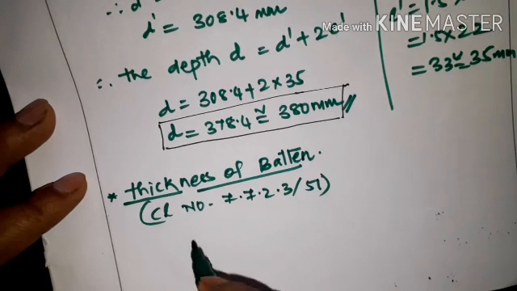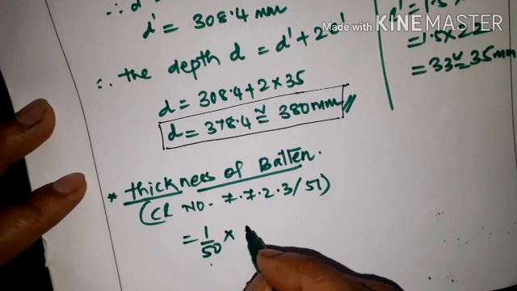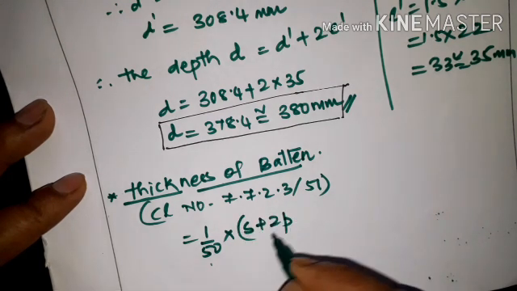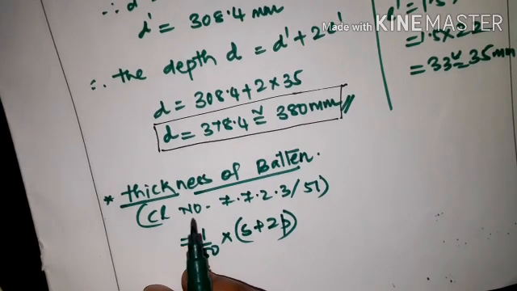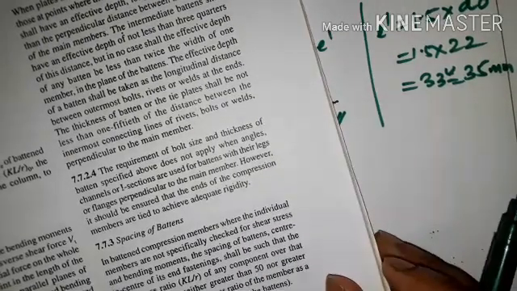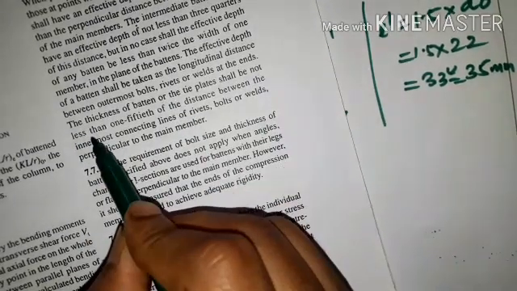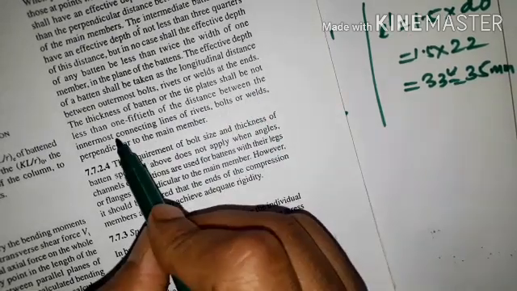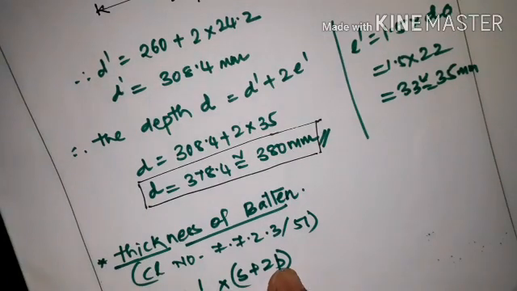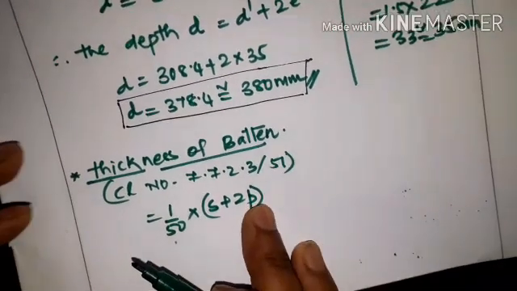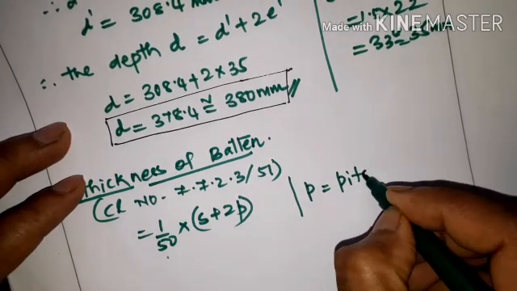The thickness of batten plate is taken as 1/58 times S plus 2p. The thickness of batten plate shall not be less than 1/58 of the distance between the innermost connecting lines of rivets. So that will be 1/58 times S plus 2p, where p is the pitch distance.